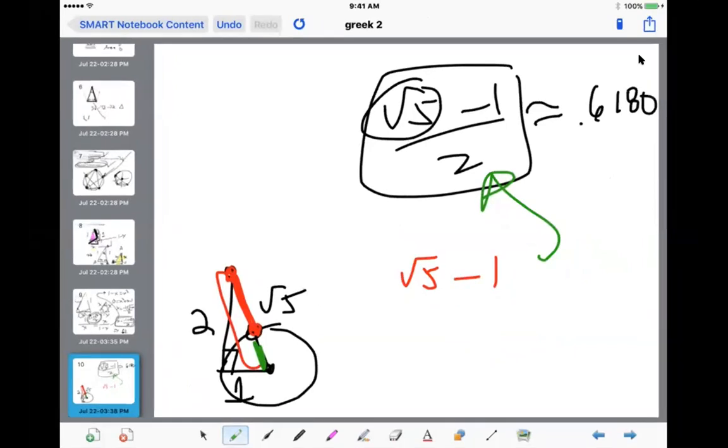Here we go. Okay, but the goal was square root of 5 minus 1 over 2. Anyone have a thought of how we can get that? A line segment that has that length?